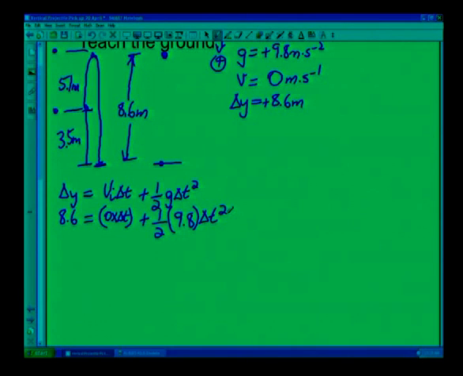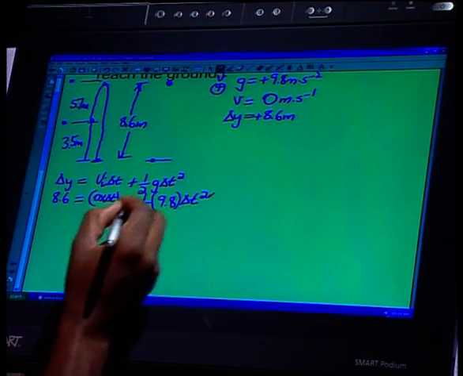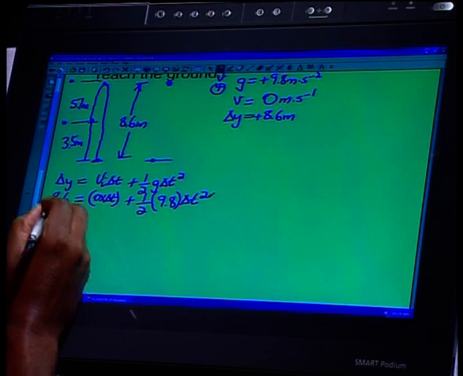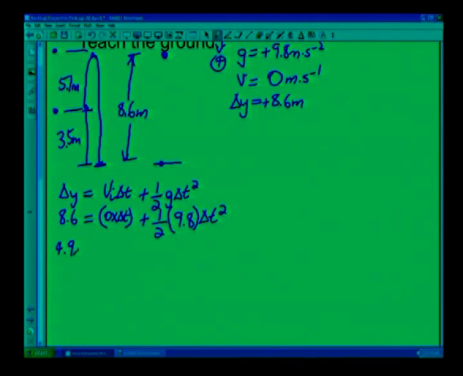So at the end, we're having half of 9.8, which is 4.9. So 4.9 delta t squared equals 8.6.